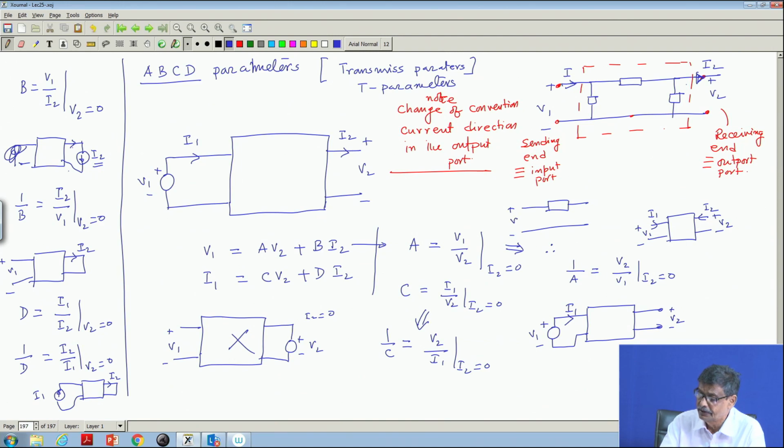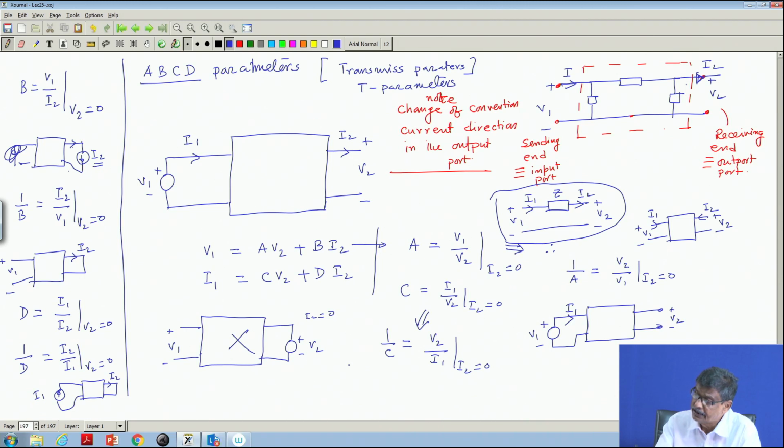Suppose this is V 1, this is a transmission line. In case of a transmission line, I will denote I 2 to be like this. This you please remember, and this is I 1. Suppose internally the impedance network is known, then what should be the ABCD parameters? That is what I want to find out.